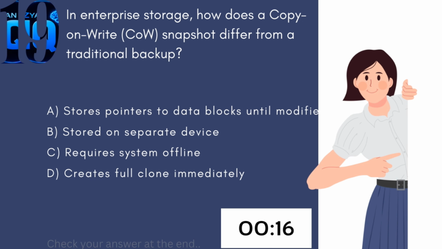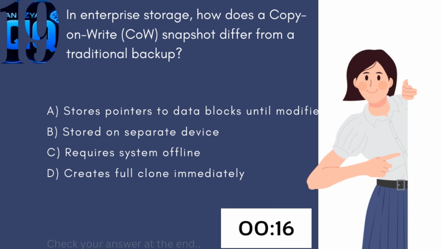Option B suggests the snapshot is stored on a separate device, which can be true, but it's not the defining characteristic of a copy-on-write snapshot. Option C, requiring the system to be offline, is more relevant to older backup methods and not to how modern snapshots operate.